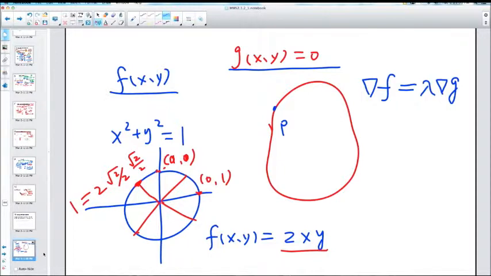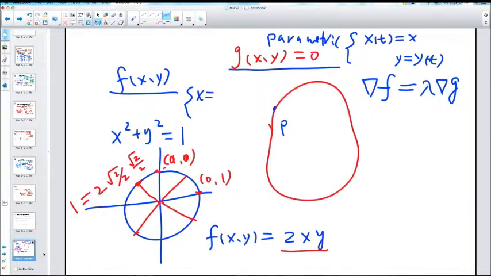So I can write g(x, y) as a parametric equation, say x equals x(t) and y equals y(t). We call that a parametric equation. For example, if I have a circle, I can write it as x equals cosine t, y equals sine t.